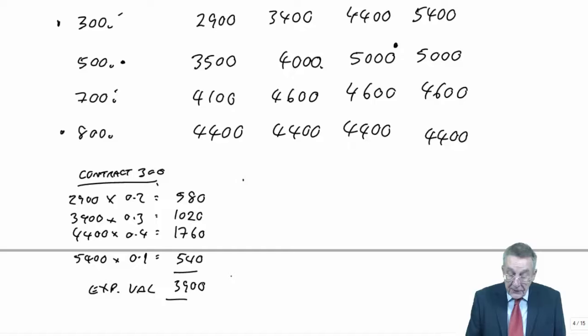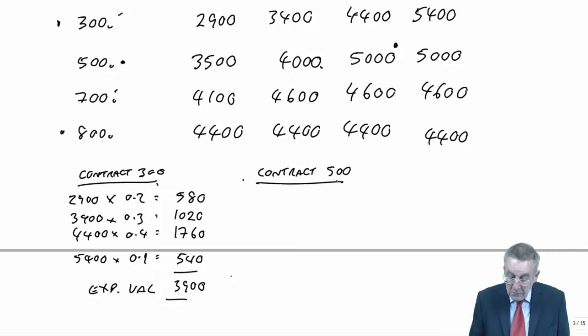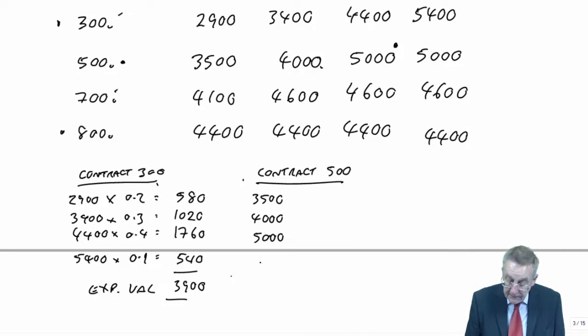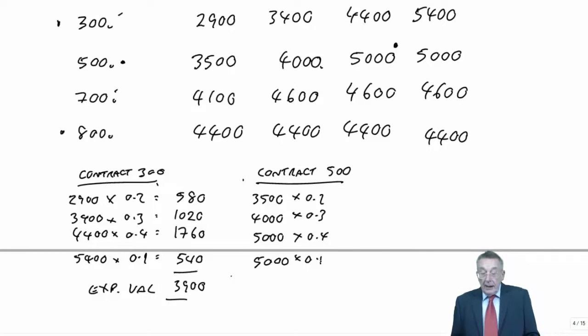What if we chose 500, if we contracted for 500? We're either going to get 3,500, 4,000, 5,000, or 5,000. Again, the probabilities 0.2, 0.3, 0.4, 0.1.